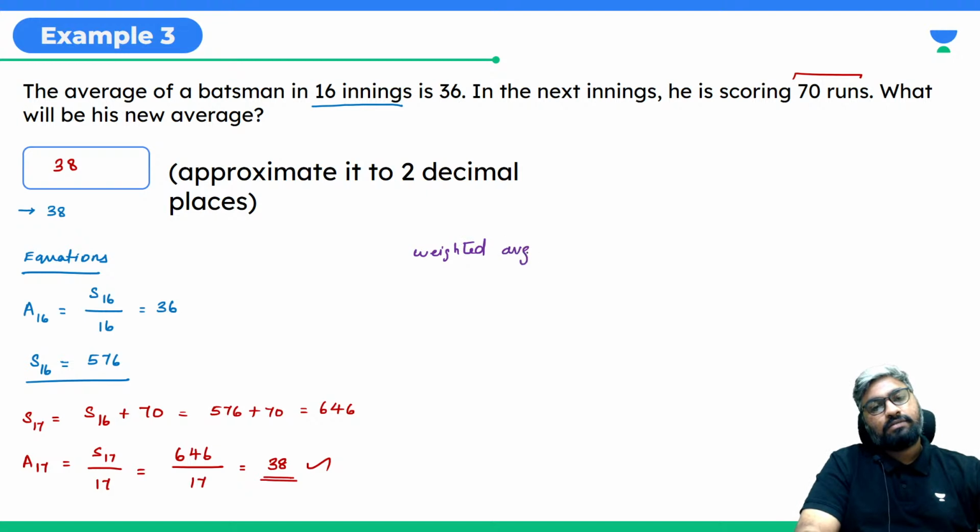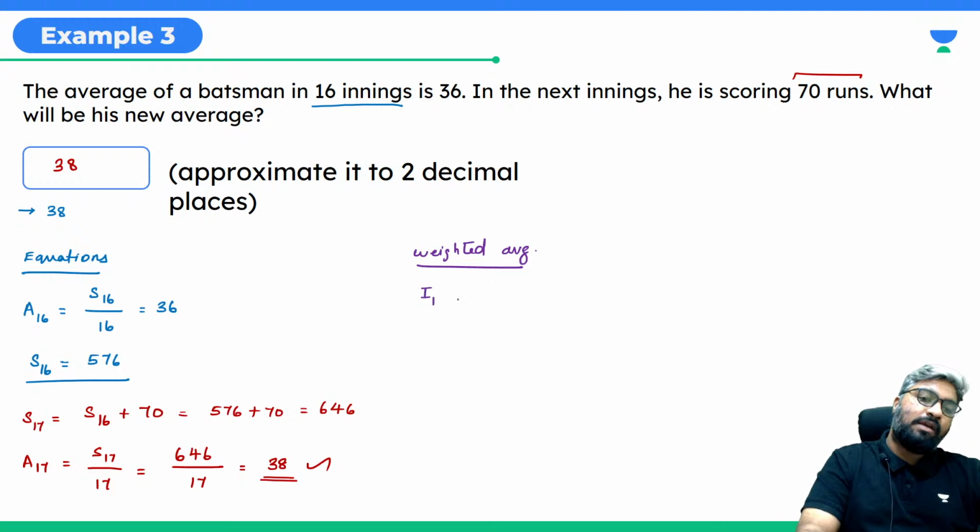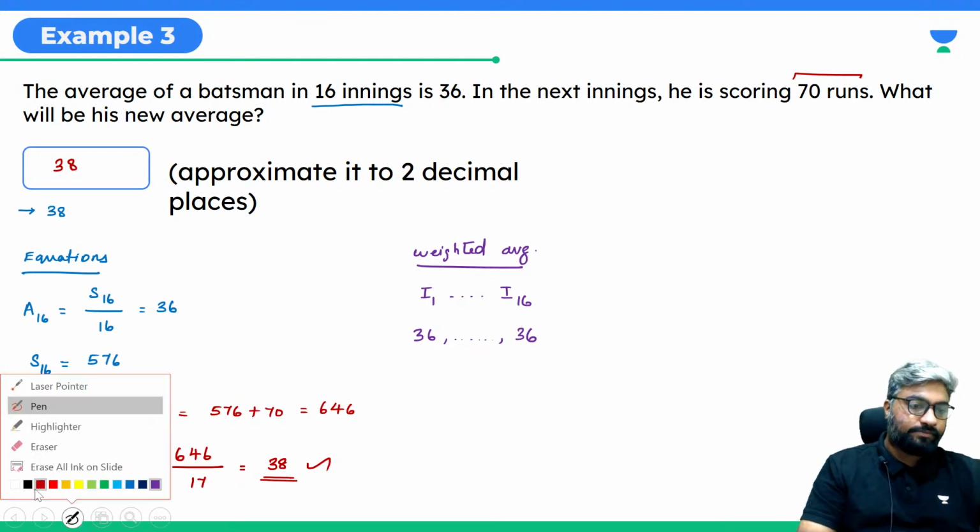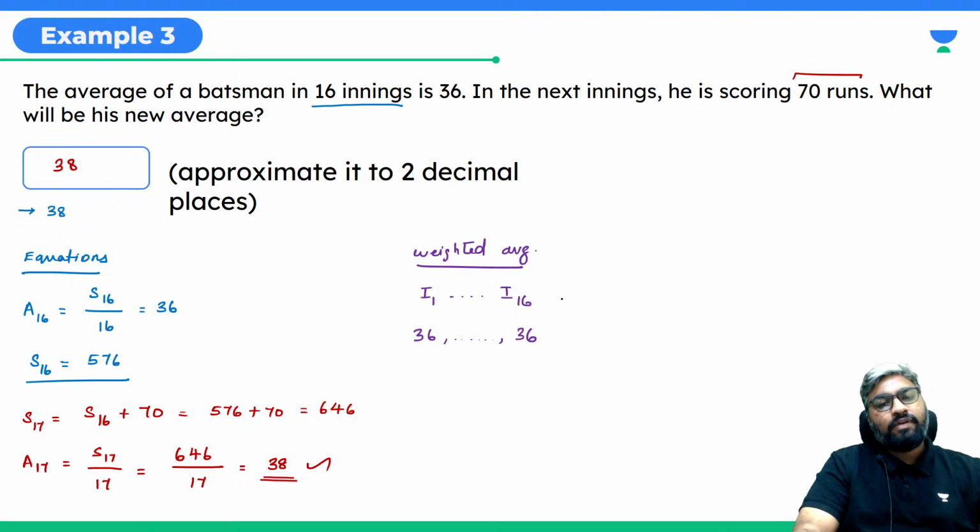Yes. So using weighted average, right from innings 1 till innings 16, we are assuming that he made exactly 36 runs. Yes, we know that's not possible, but we are assuming that he scored exactly 36 runs. Yes. What if in the 17th innings also he had scored 36 only?